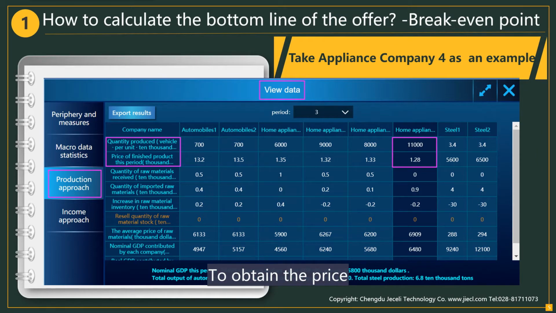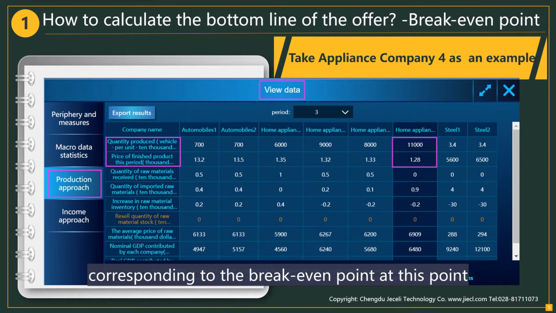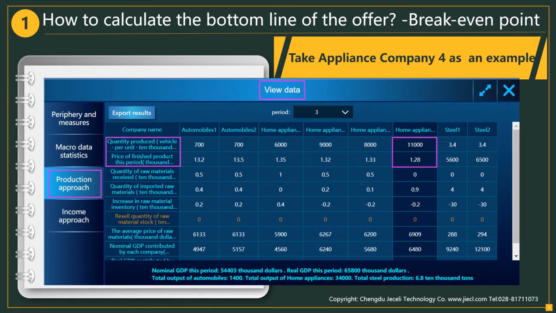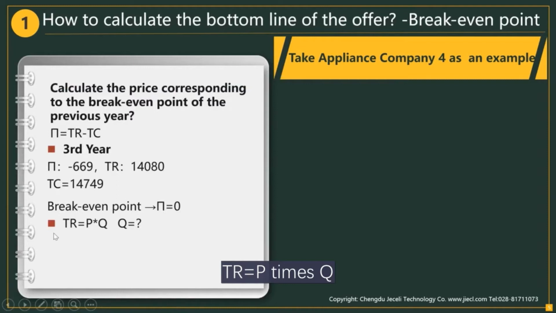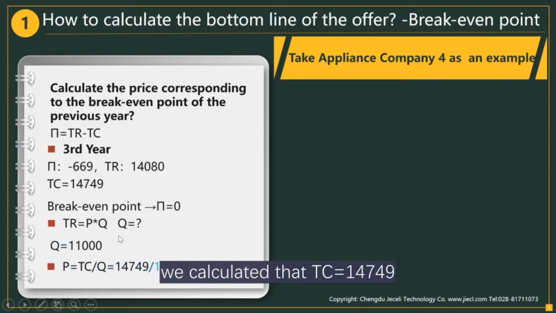To obtain the price corresponding to the break-even point, we need to assume that the operating profit is 0. TIA is equal to P times Q, where Q is equal to 11,000. We calculated that TC is equal to 14,749.